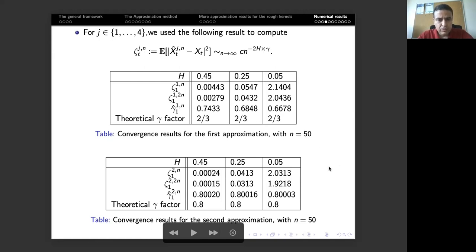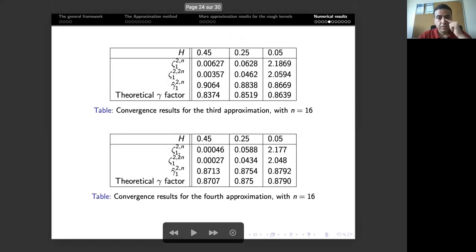Let us move to the second approximation. The second approximation is still Riemann, but using the tricky choice of the Dirac weights rho. As you can see, the theoretical rate in this case, you remember, is 4/5, and our approximated rate is a very good approximation of the theoretical gamma factor.